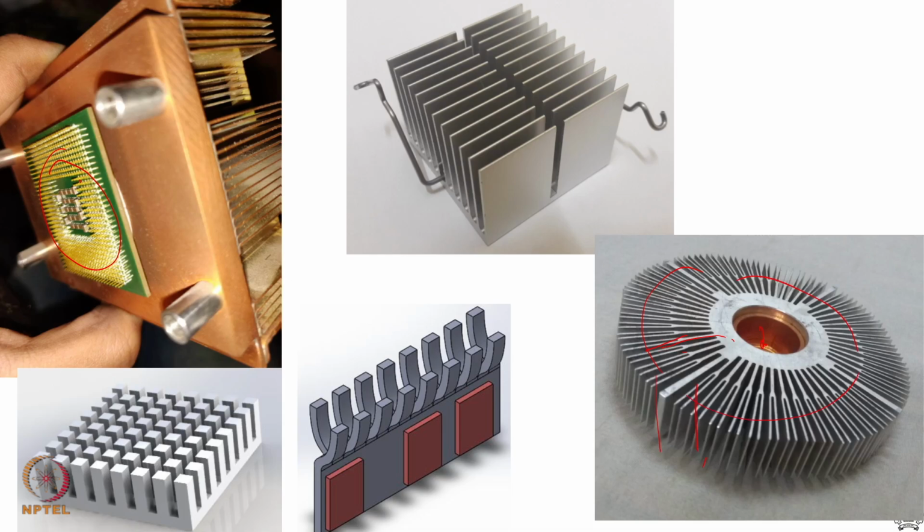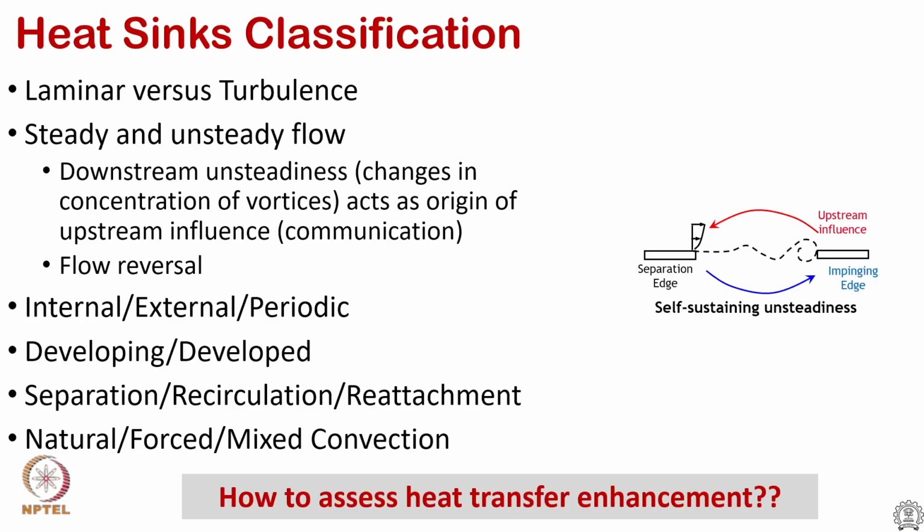How can we judge? And these are heat sinks, but one can take examples of heat exchangers as well. When is an added surface element or surface area going to be useful to you is the question. We typically, in conduction heat transfer, talk in terms of the effectiveness of a fin, but in a heat sink or heat exchanger, what is the way to look into it?